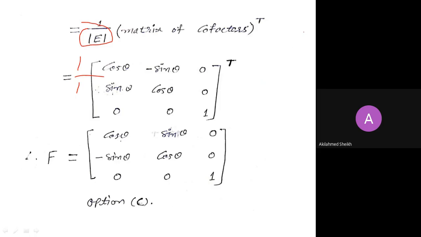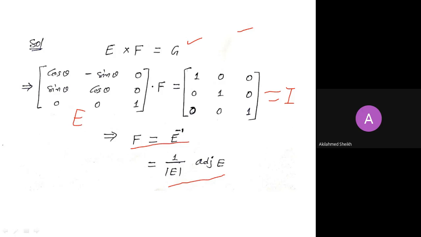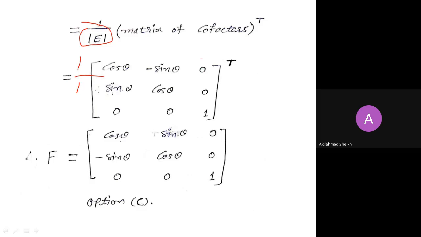Now the adjoint of E. For a 2 by 2 matrix we can easily find the adjoint, but for the adjoint of order more than 2, the formula is the transpose of the matrix of cofactors. The transpose of the matrix of cofactors is nothing but the adjoint of the matrix. Now we have to find the cofactors of each element.